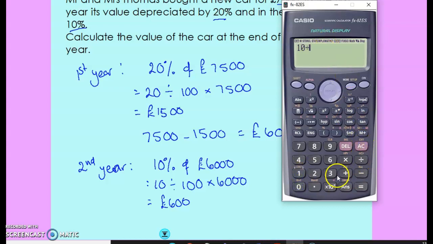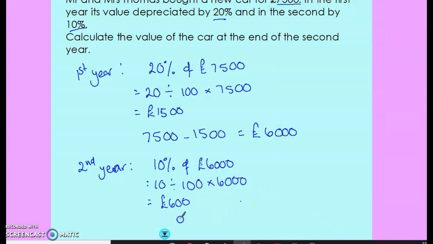Sorry about that. That again, as I was saying there, doesn't mean the car is now worth £600. There we go, there's the 600 I was looking for. It means it has gone down in value by £600. So the car is now worth £5,400.